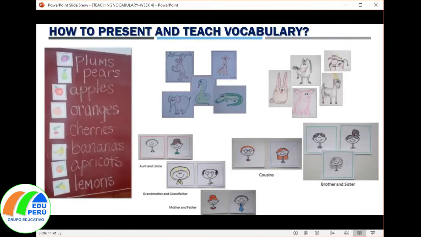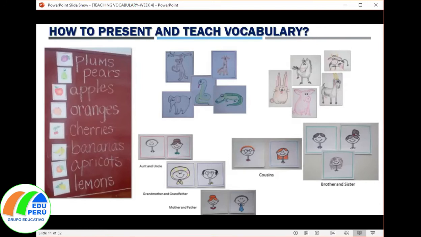The teacher uses drawing, so the teacher starts drawing. Also here you have the other ones related to family: aunt and uncle, grandmother, grandfather, mother and father, cousins, brother and sister. So you could use a family tree, using these pictures, these drawings.